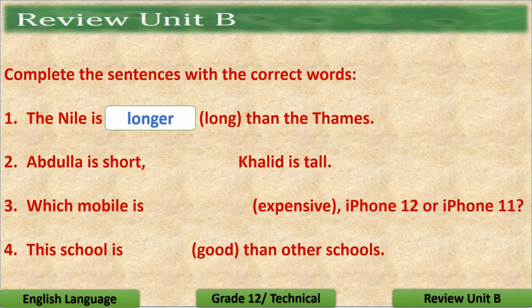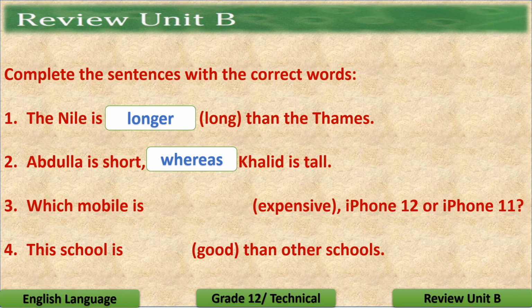Which word can be used in the middle? Excellent. You can use whereas, but, or while, for example. In sentence number 3, which mobile is expensive? iPhone 12 or iPhone 11?